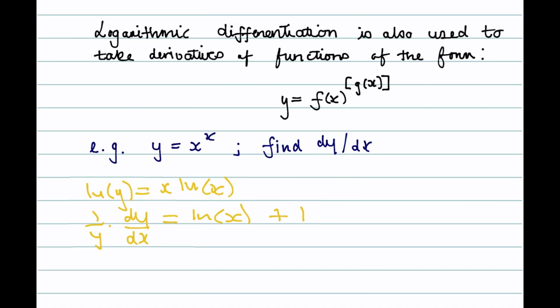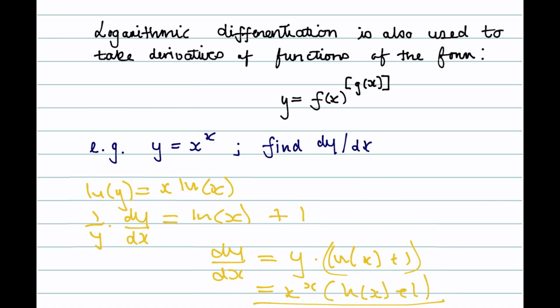And now solving for dy dx, we have dy dx equal to y times ln x plus 1 in brackets, which is equal to x to the x times ln x plus 1. And that's logarithmic differentiation.